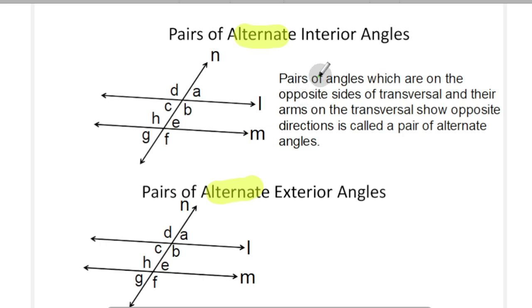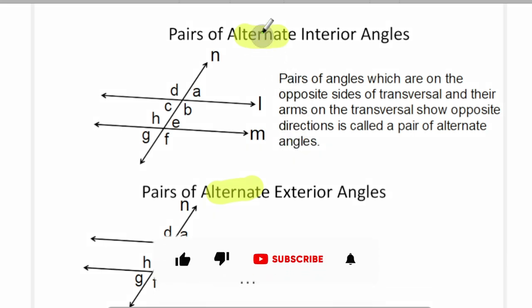See the definition: a pair of angles which are on the opposite sides of the transversal and their arms on the transversal show opposite direction is called a pair of alternate angles. The definition is not asked in the exam, but I have shown it to make you understand.